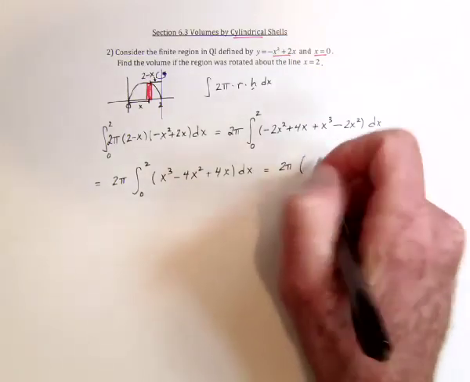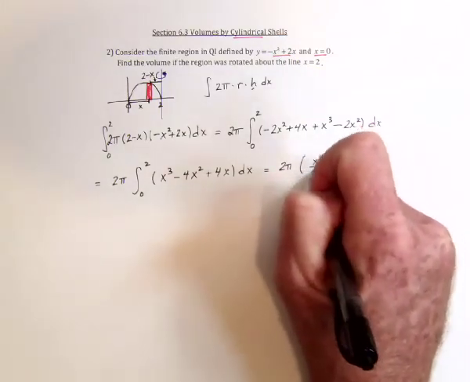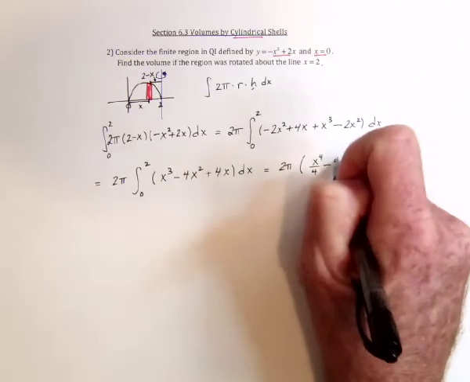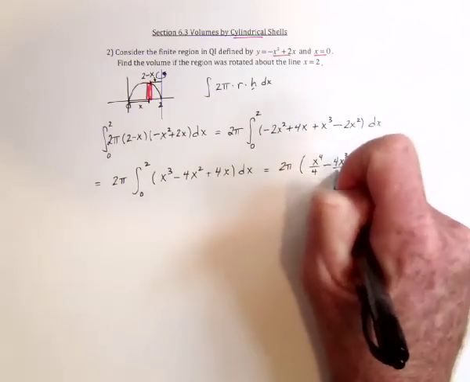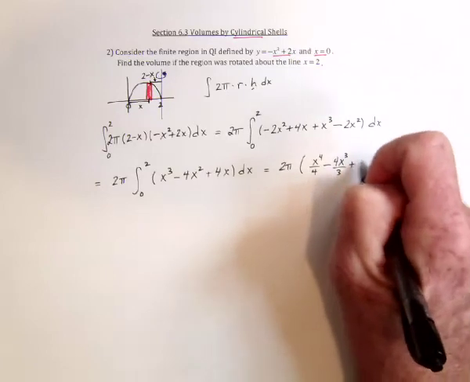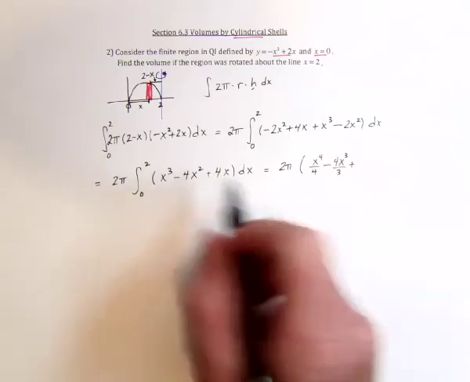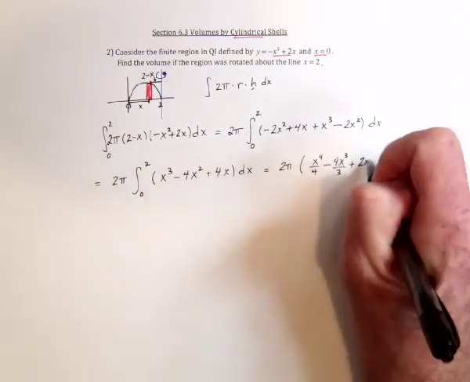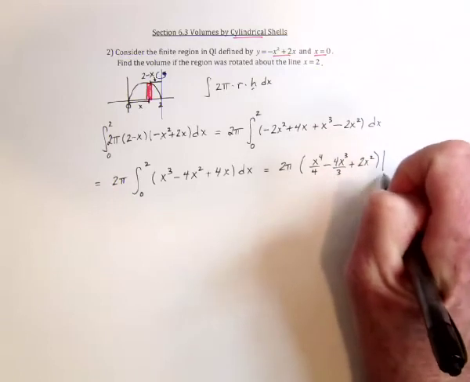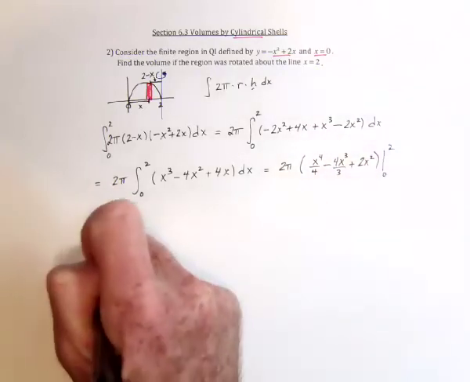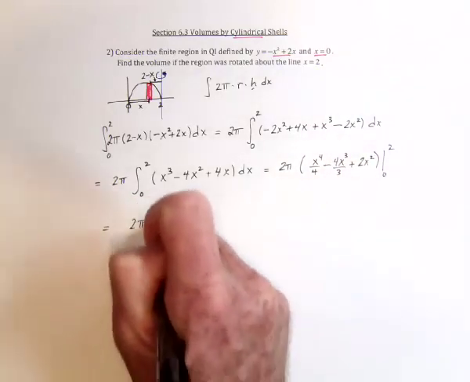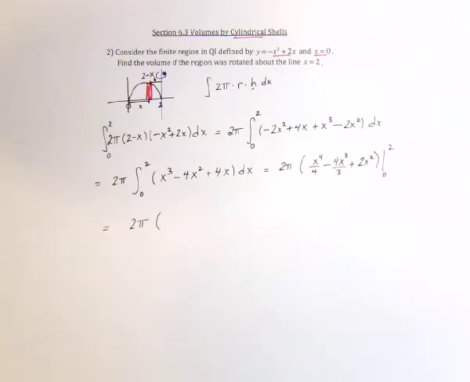And then the first antiderivative will be x to the 4 over 4 minus 4 times x to the 3 over 3 plus this would become x squared over 2, and then reduce it, it's going to be 2x squared. Okay, substitute a 2 in there.